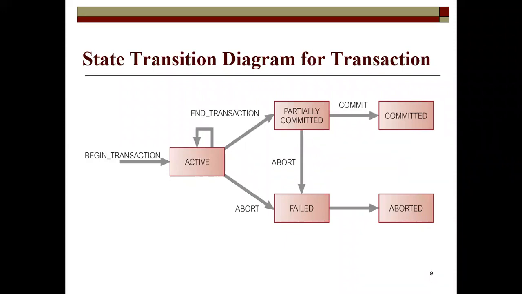So partially committed is a state whereby you have finished all the transaction actions, however, the updates haven't been made permanent yet. If anything happens at that state, for example, if power goes off, unless there's an autosave, you're going to lose your data. And that loss of data is equivalent to the arrow coming from partially committed down to failed. This abort is where we are losing our data.